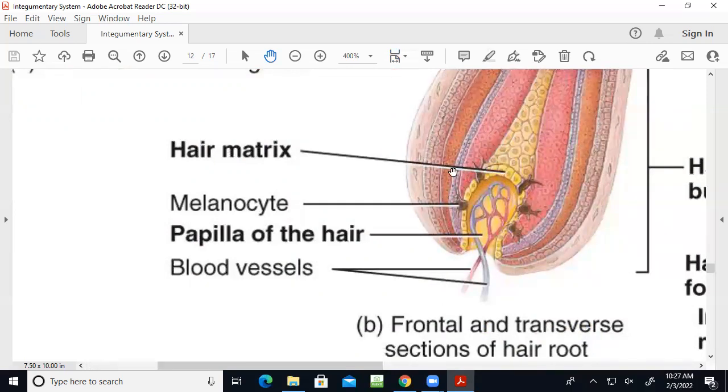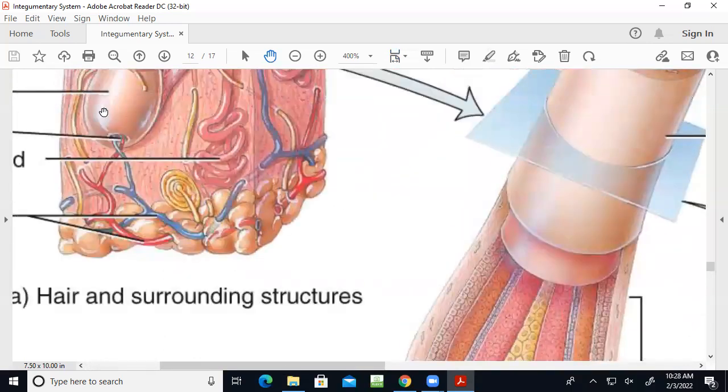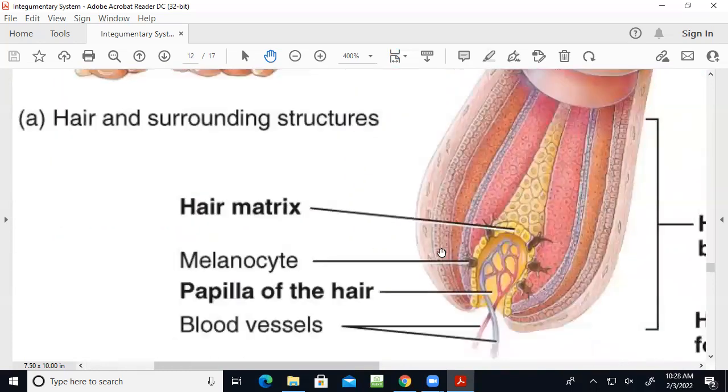Internally, as far inside in our hair root, we have living cells, just like our skin. Our hair grows from the inside out. Once that hair is pushed out of the skin, that's the hair that we can see, that's the hair that we can cut, that's all dead cells.